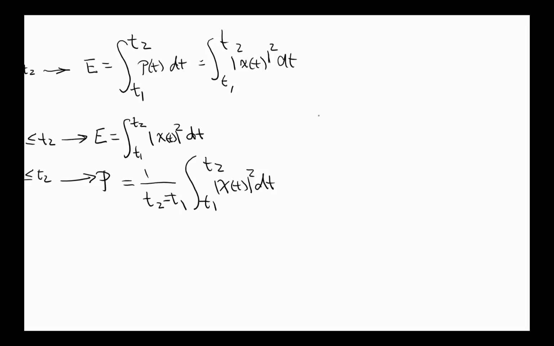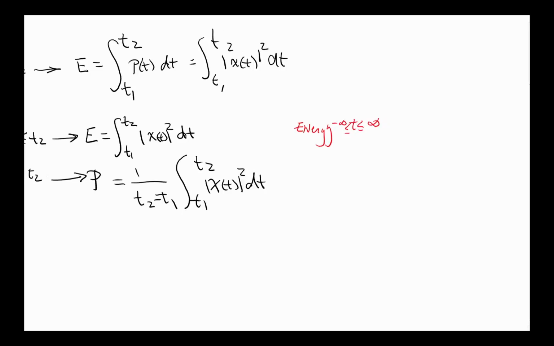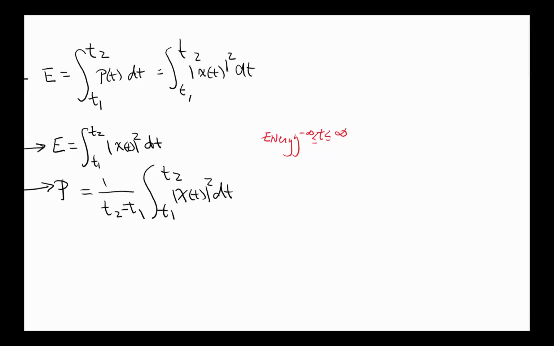If someone is asking for energy for t going from minus infinity to plus infinity, you say, okay, well, I can't quite put minus infinity and plus infinity there. I suppose I could, so no harm done.